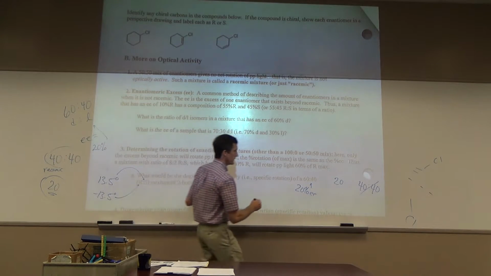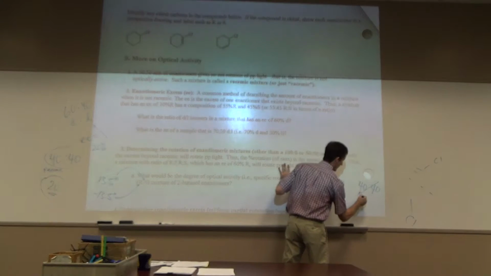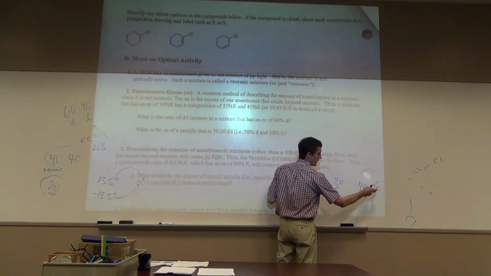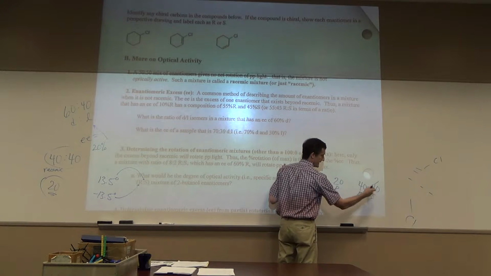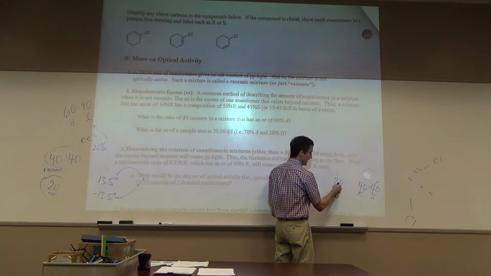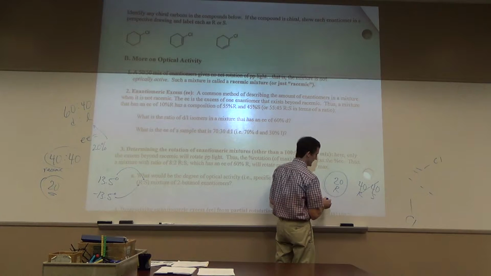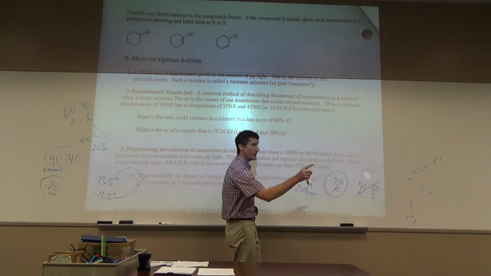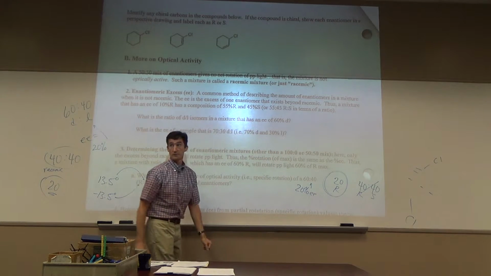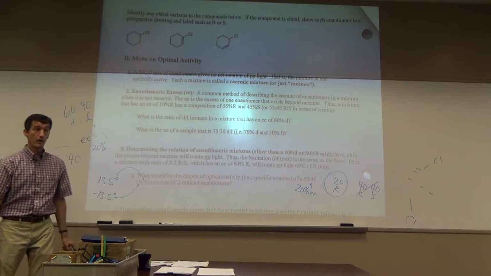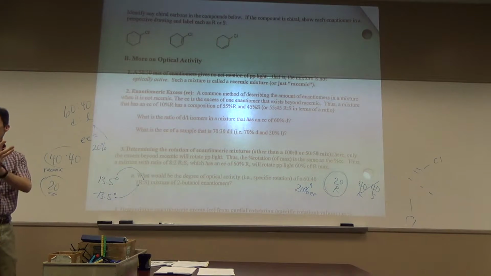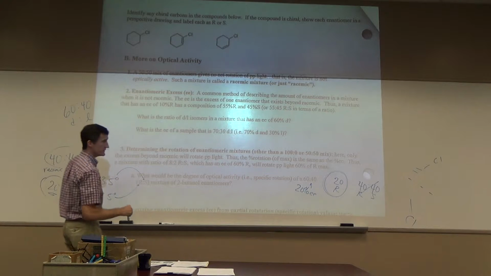R, 60-40. So this is R, R, S. 40 of S cancels 40 of R. You're left with 20 R. This is what rotates. You only get 20% of max, because the other portion cancels each other out.